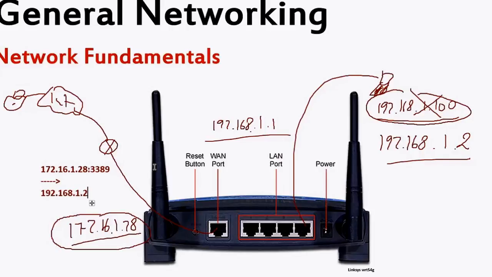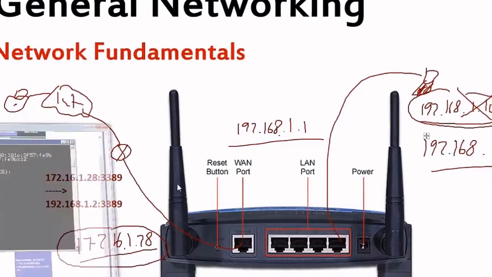Forward it, port forwarding, forward it on port 3389 as well. Don't change this port. Why? Because this PC will listen for RDP connections on port 3389 as well. Does that make sense?